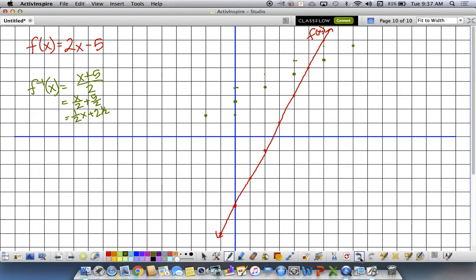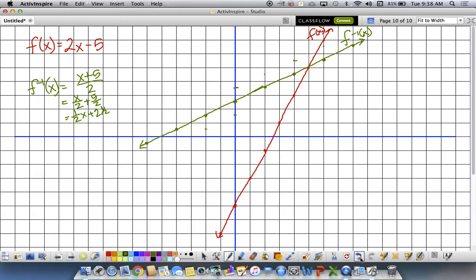Yes, Miss Evans, you could. Down 1 and back 2. I could keep going. I think I'm ready to stop. Oh, because I'm getting a little off on drawing that line. Okay, this is the graph of the inverse.